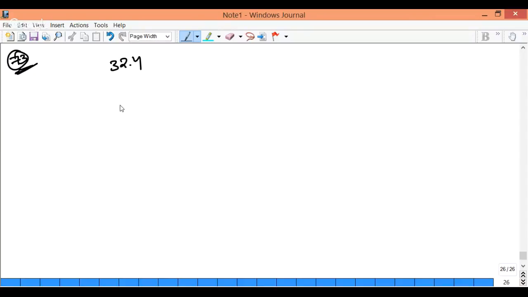What's the deviation of 23.4 from 32.4? It is minus 9. For 32.5 it is 0.1, for 41.6 it is 9.2, for 36.4 it is 4, and it is 17. Now find the average of these numbers and add it to this 32.4. Then we'll get the average value.